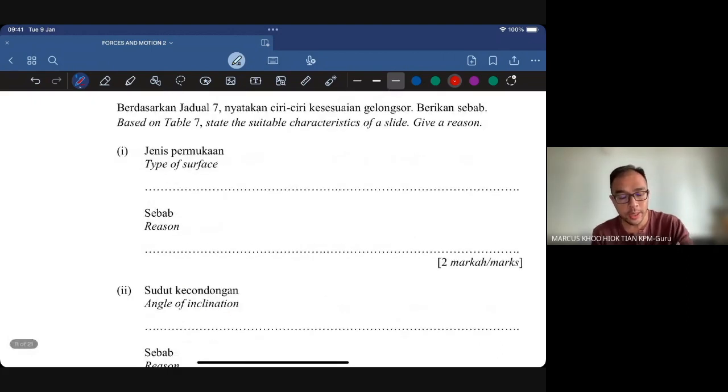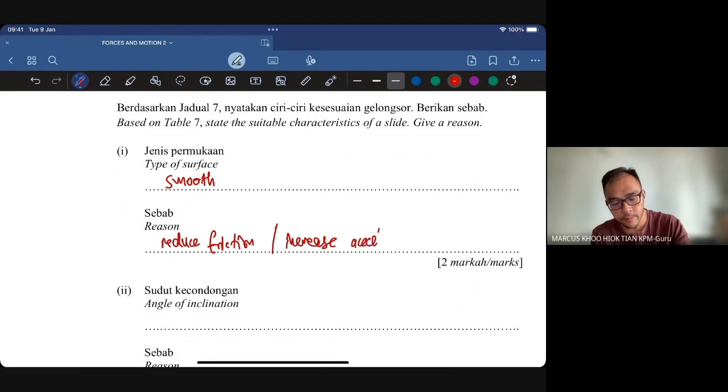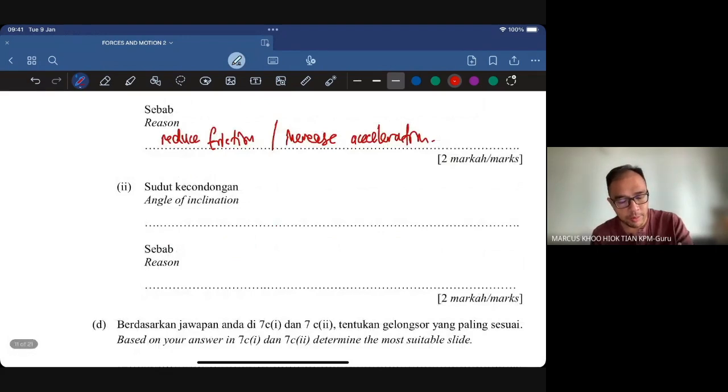So you want a smooth surface. Smooth surface usually is to reduce friction. And by extension, if you reduce friction, you increase acceleration. Increasing acceleration is the same as having a lot of fun. Angle of inclination will be big.